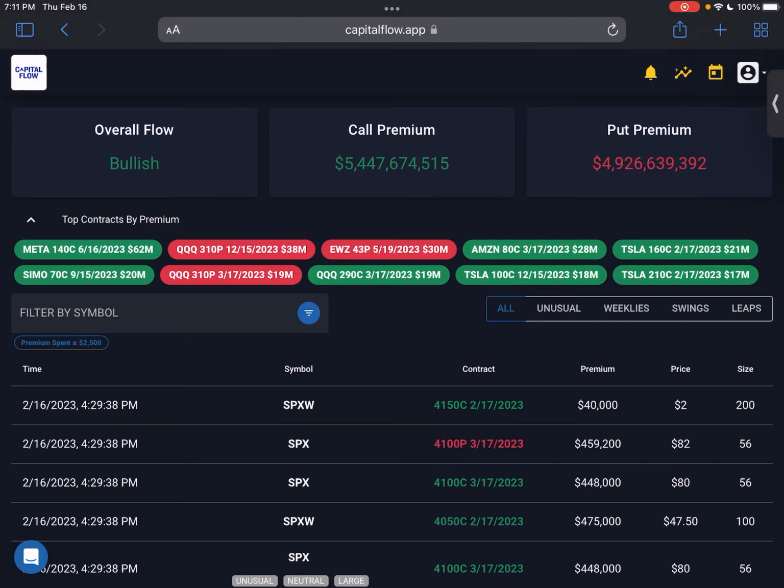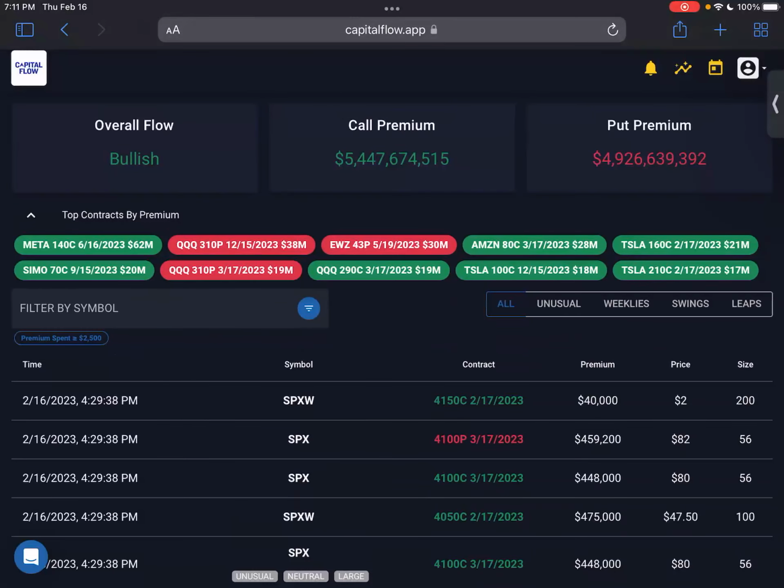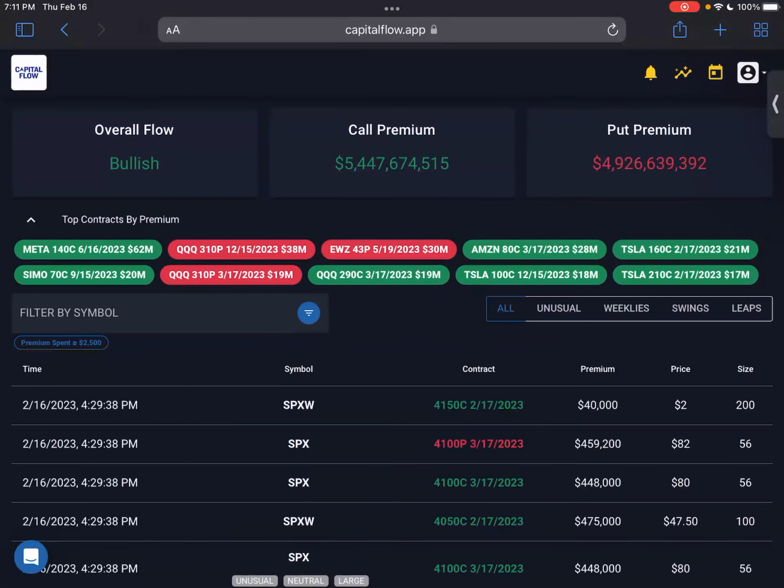So the top bought contract today on the market, it looks like, is these Meta $140 calls expiring 6/16. There were $62 million total spent on that. That doesn't mean there was one $62 million order. It means that out of all the orders across the entire market, $62 million ended up going into these Meta calls, right?